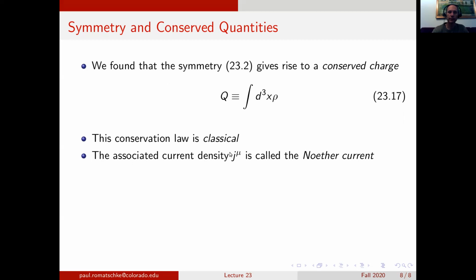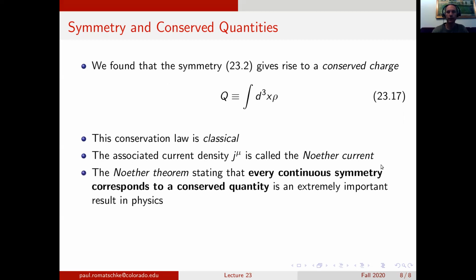The current density that's associated with this charge, j mu, is called the Noether current. And the Noether theorem generalizes this finding that we have derived in this lecture, saying that every continuous symmetry of the action corresponds to a conserved quantity. As such, it is an extremely important result in physics.